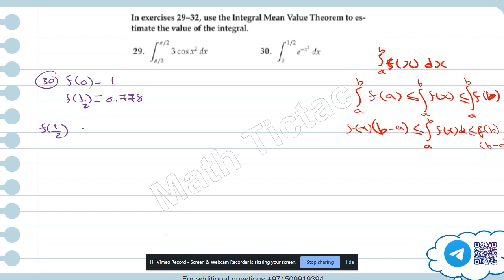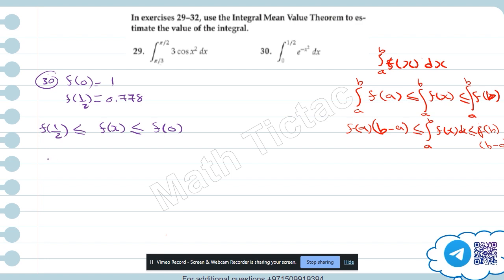So I will start with the lowest value: f of 1 over 2 is less than or equal to f of x, which is less than or equal to f of 0. After that I'll find the integration for all the parts.